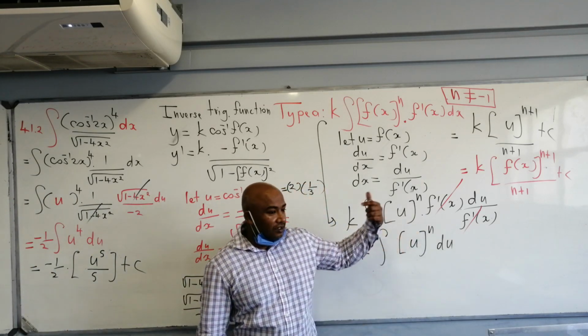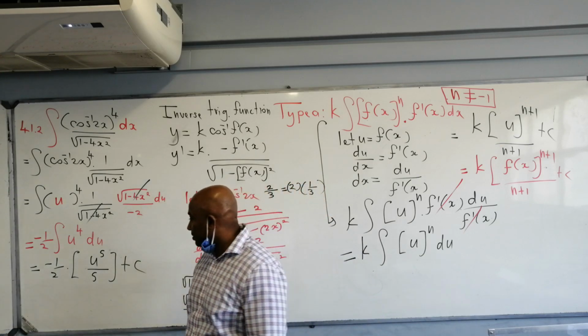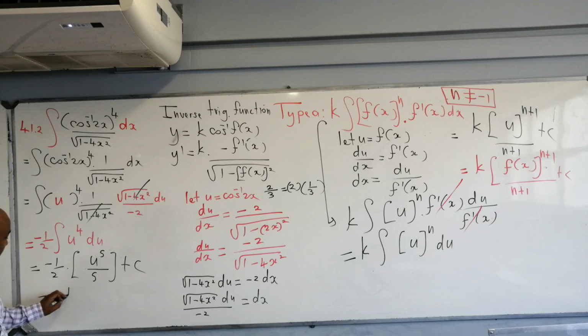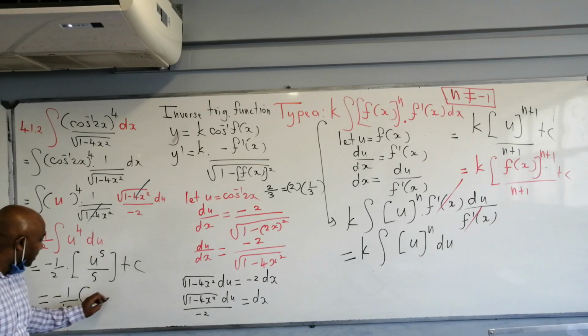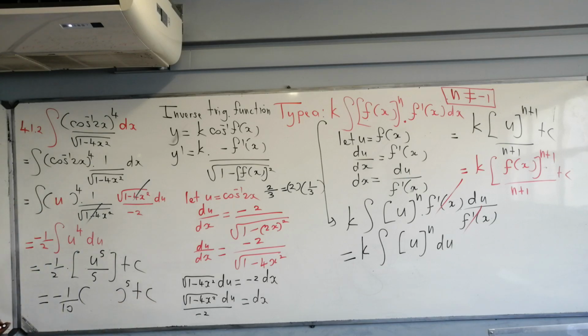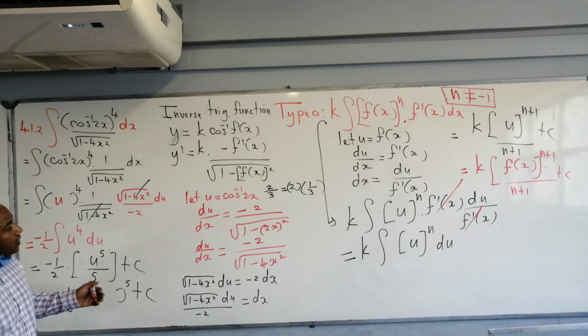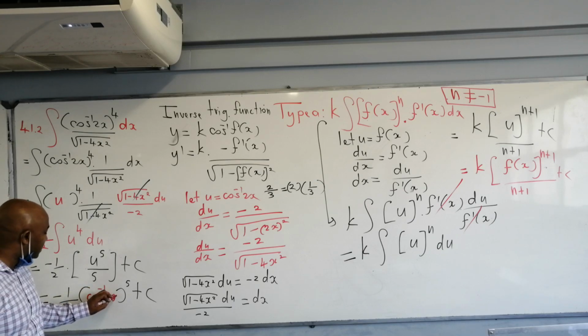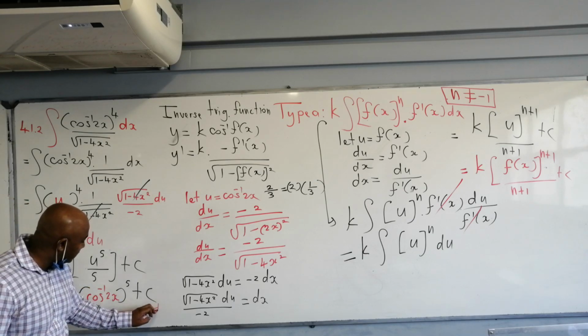Now all you have to do is substitute back for u. So this becomes -1 over 10 u to the power 5 plus c. What was u? U was arc cos or inverse cos 2x.